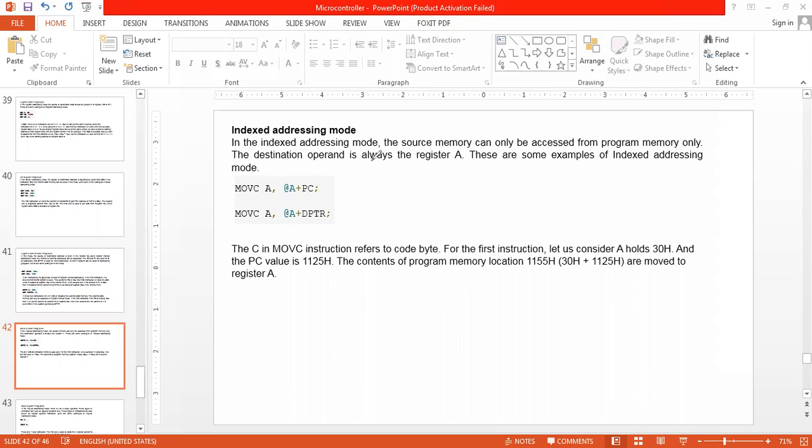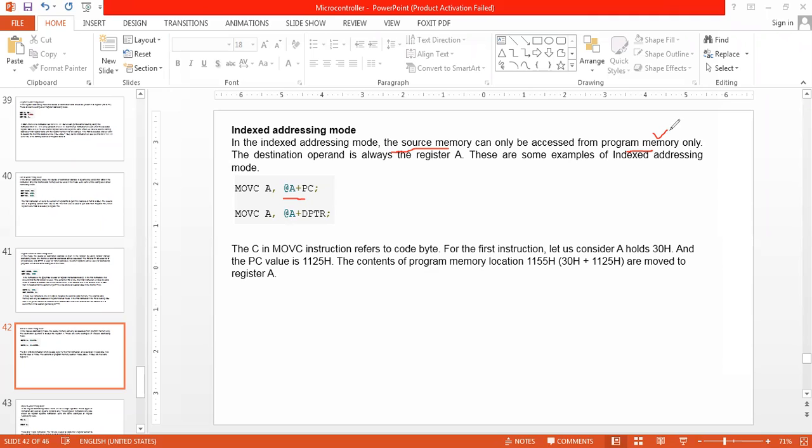Here the source memory can only be accessed from program memory. The source memory should be a program memory only, that is ROM, read-only memory. It is going to be a flash ROM here.